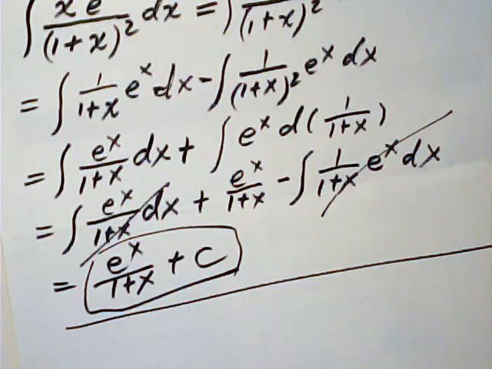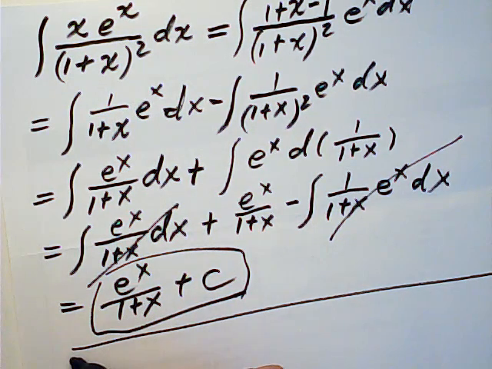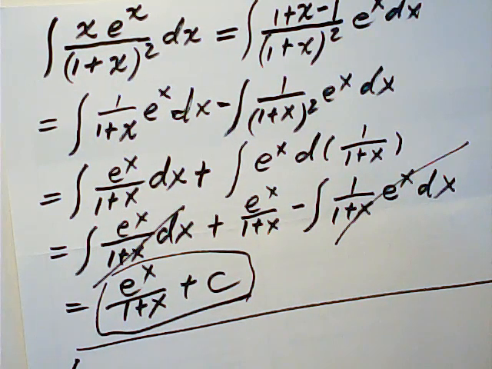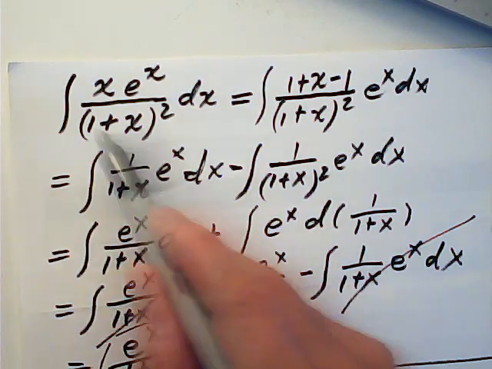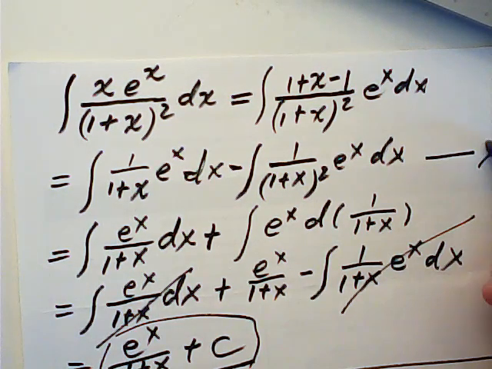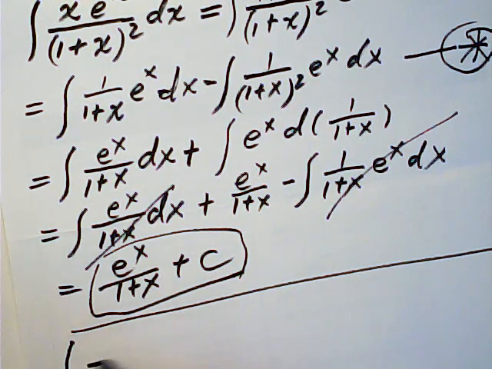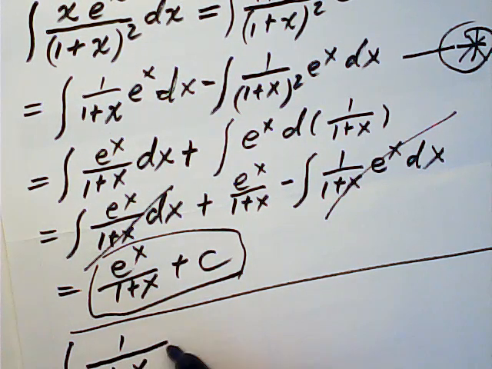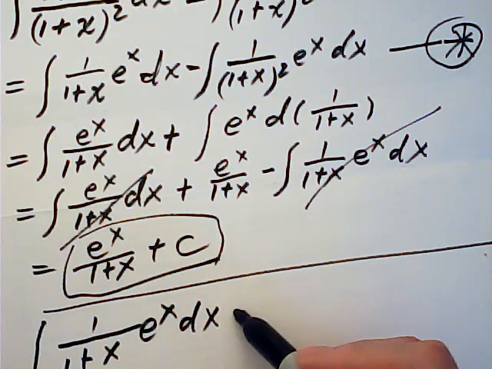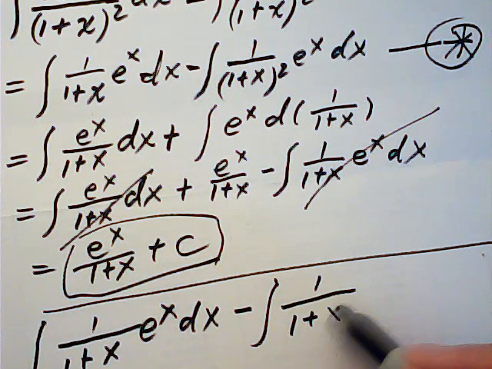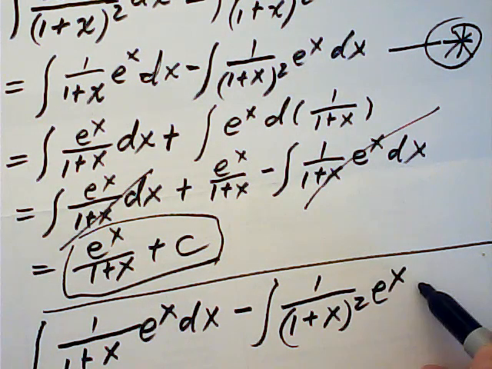Now, second method is this. Second method, okay, start from here, I'm doing the same thing. Then start from there, that will be equal to the integral of e to the x over 1 plus x dx minus e to the x over 1 plus x squared dx, right?